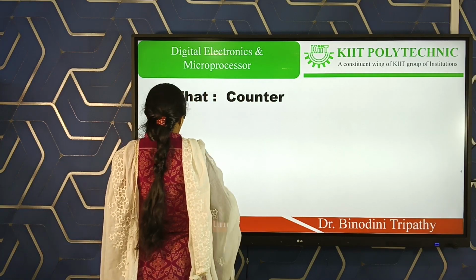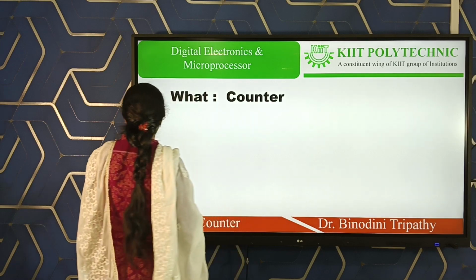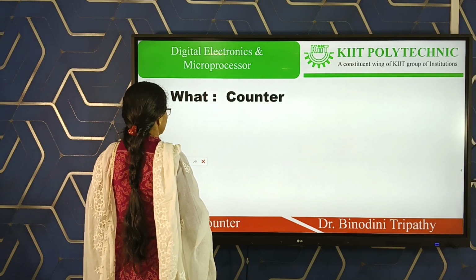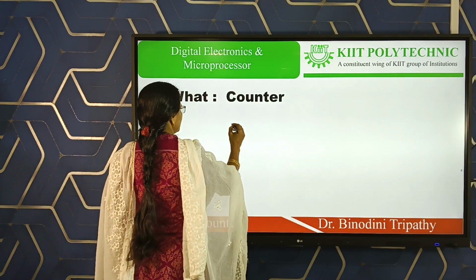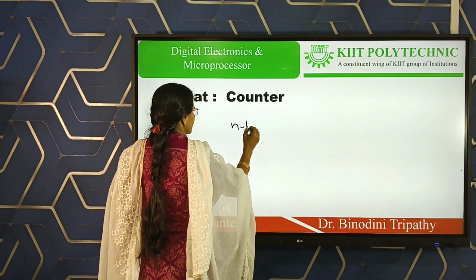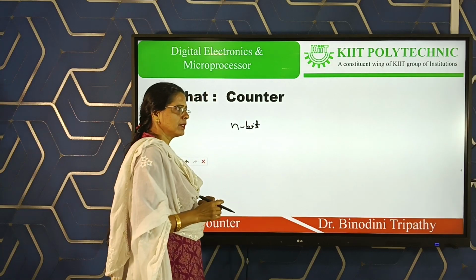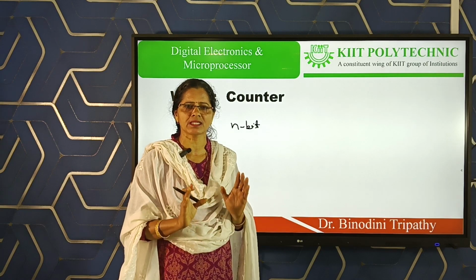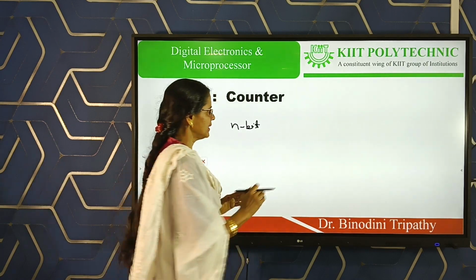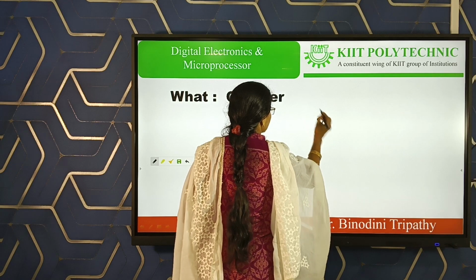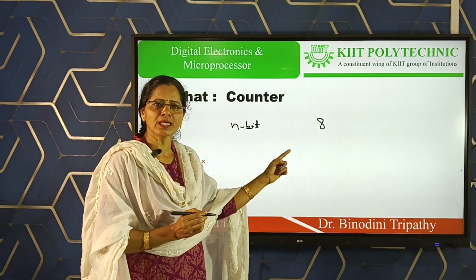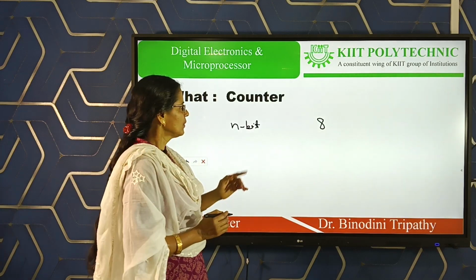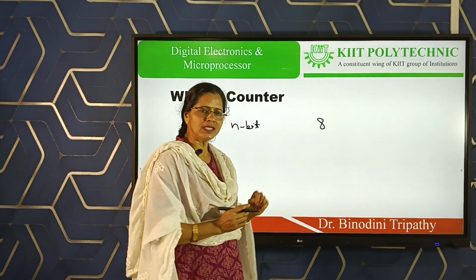N bit. Now see, n bit means, suppose in a counter you have a total number of counting sequence of 8. It will start counting from 0 to 7, so its last count is 7. Accordingly, the total number of counts is 8.